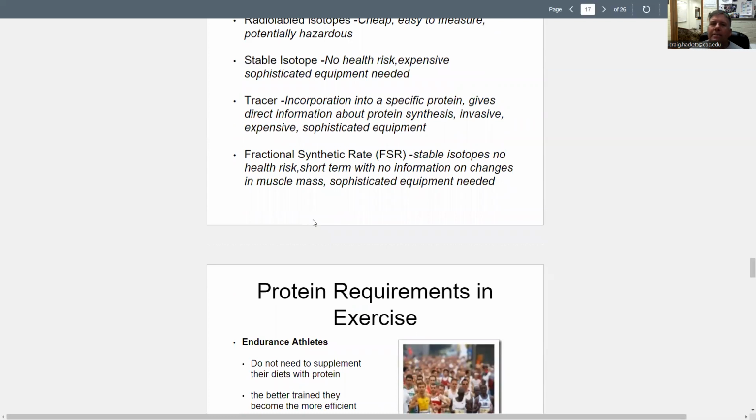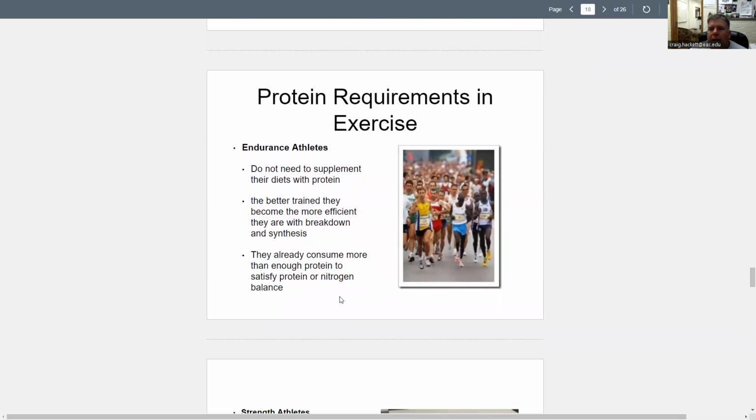And here's the good news. It's been done a lot. We have a big data resource for this. So we're fairly accurate with what we need when it comes to protein intake. We understand pretty well what our body requires. So when we look at different types of requirements for different athletes, endurance athletes don't necessarily need to supplement protein. They get it in their normal diet.